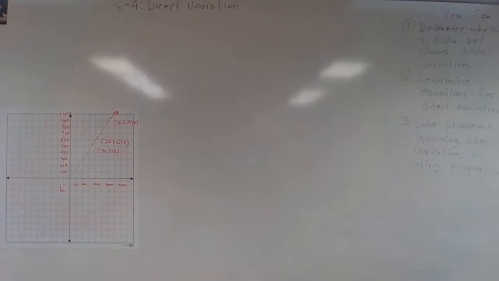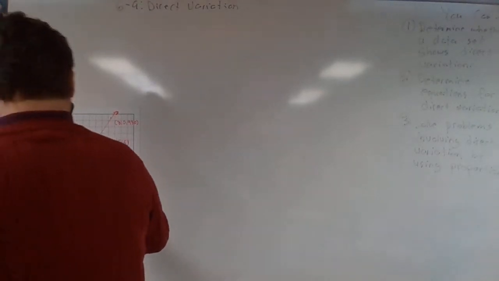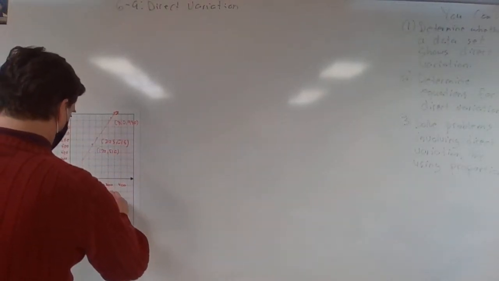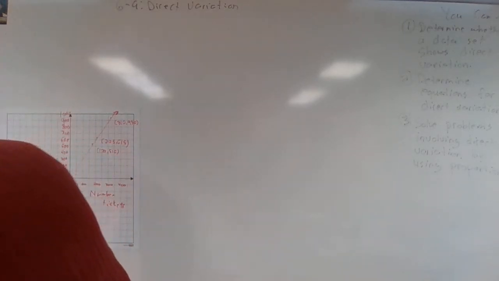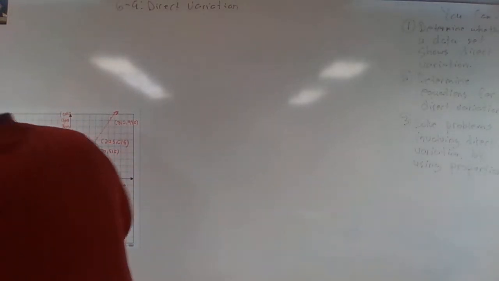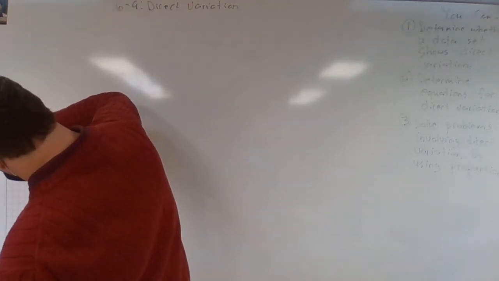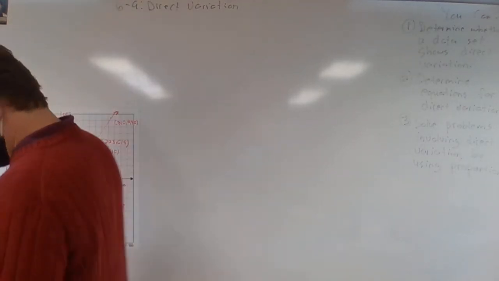But this talks about here, basically we're talking a carnival. Down here is the number of tickets sold, number of tickets, right? And on the other side here, this is the revenue, basically how much money did they make, right?